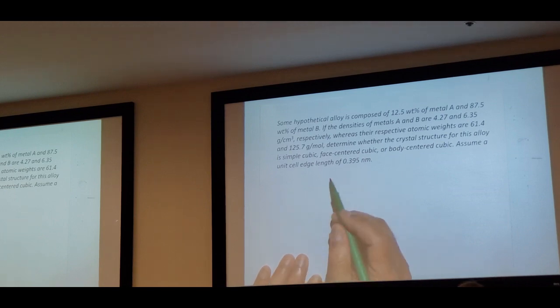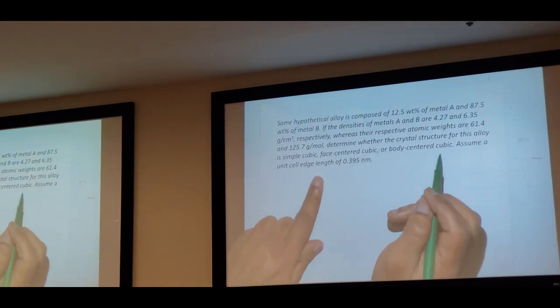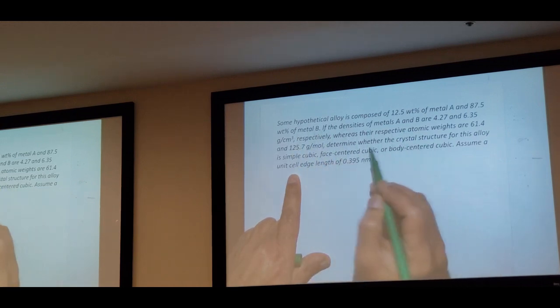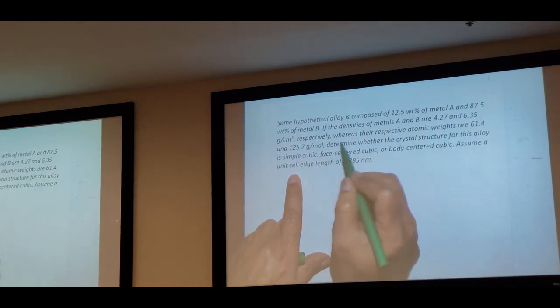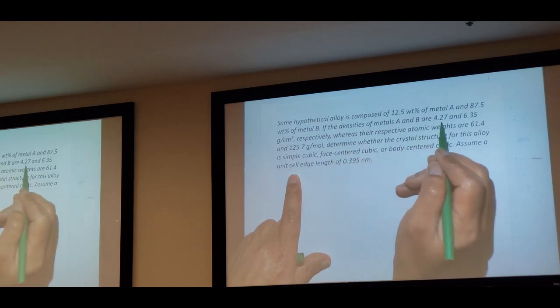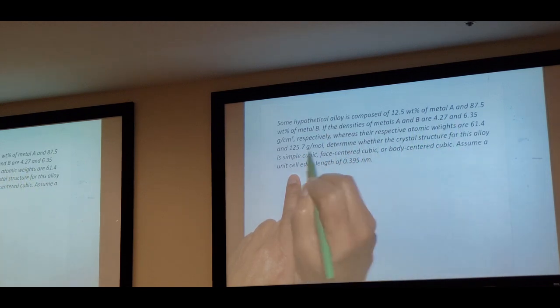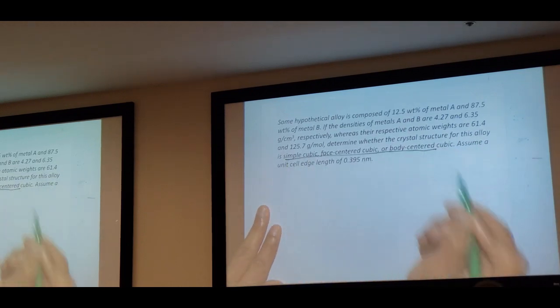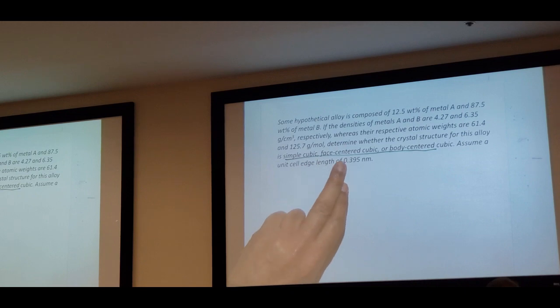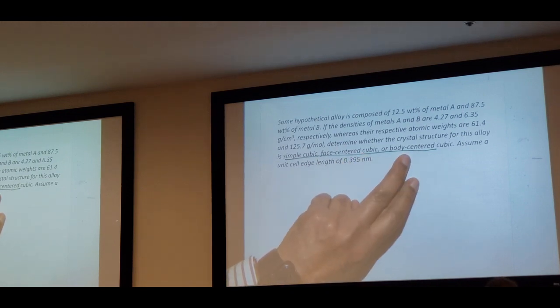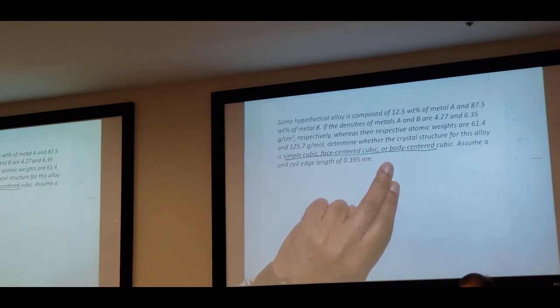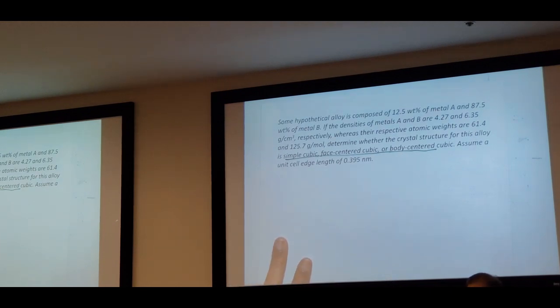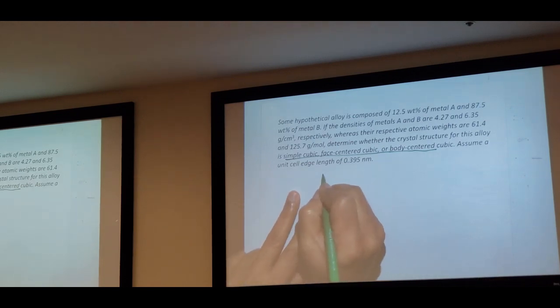So you are asked to determine whether the crystal structure for this alloy is simple cubic, face-centered cubic or body-centered cubic, FCC, BCC or simple cubic. How can you do that? So what is the equation?